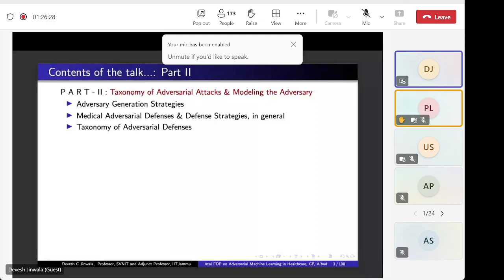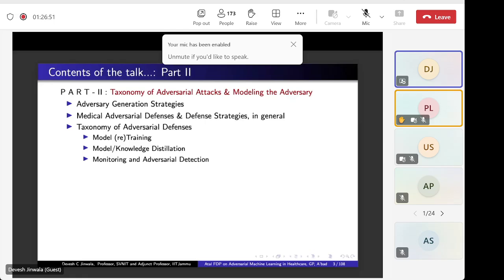We could talk about the generation strategies, how these adversarial data samples are generated. We could talk about the defense strategies. Defense strategies are coming from the security domain as such. Training the model with, okay, so in defense, I would make a mention of only one very important aspect.